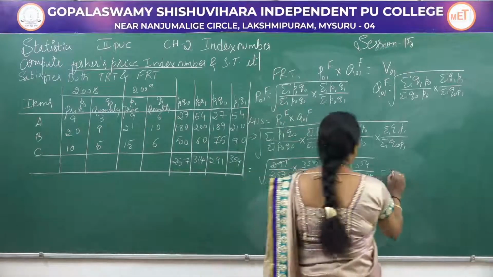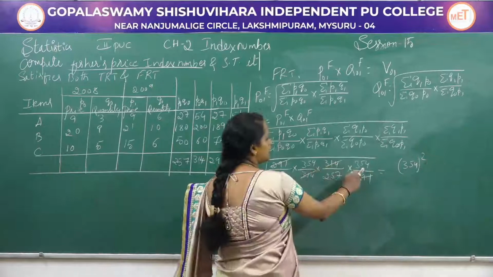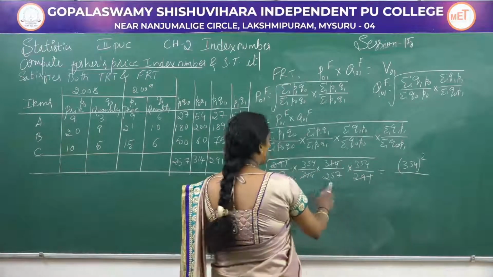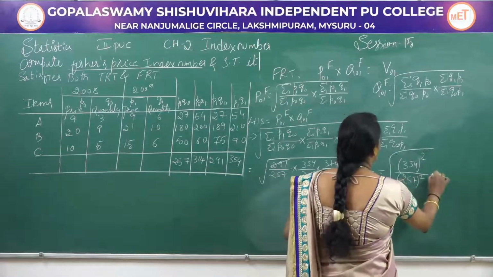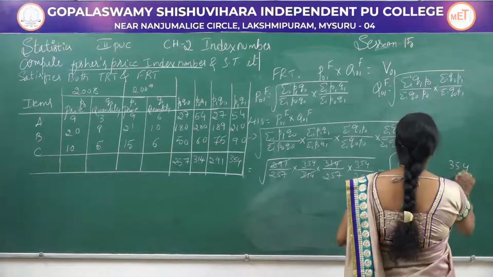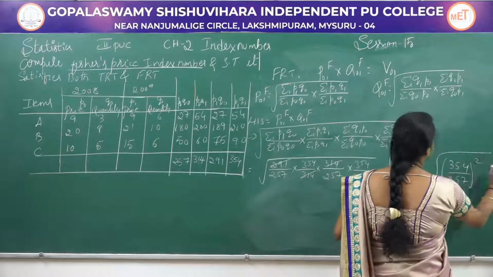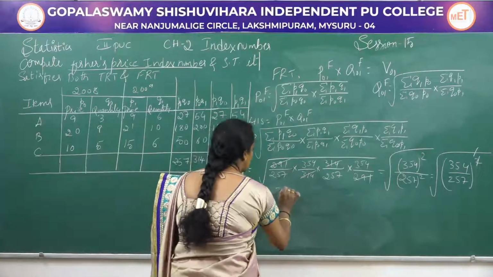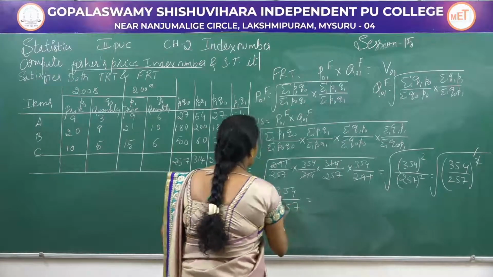So next remaining is 354 whole square, 354 into 354, divided by 257, 257 whole square, the square root. Then it is 354 divided by 257 whole square, the square root. Square and root will get cancelled. So remaining will be 354 divided by 257.